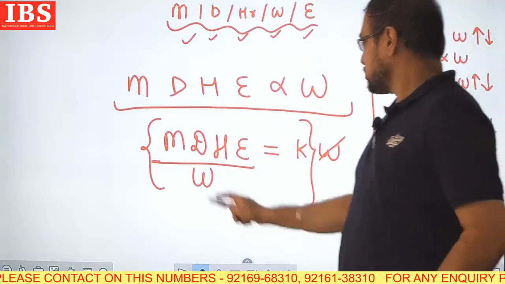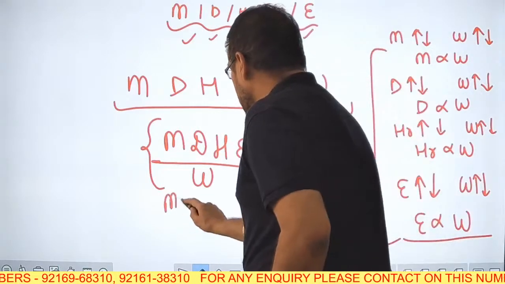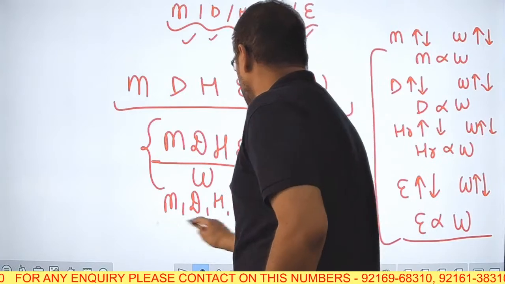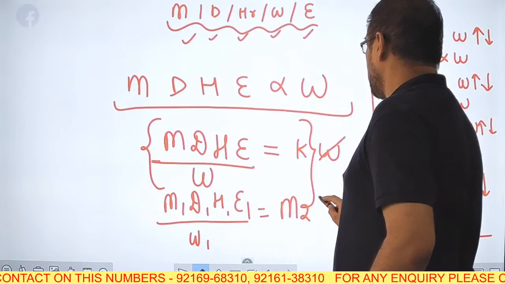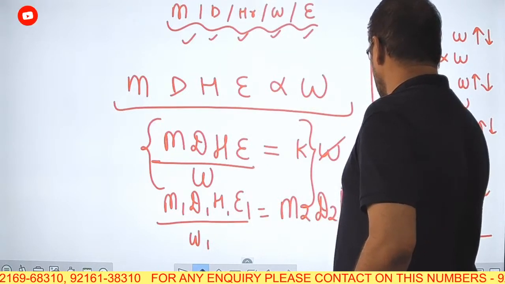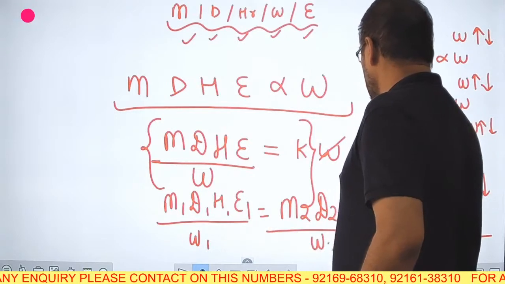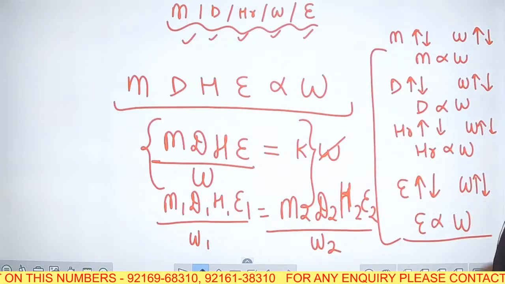That means M1 D1 H1 into E1 upon W1 will always be the same. That means it will be equal to M2 D2 H2 into E2 divided by W2. This will be M3 D3 H3 E3 divided by W3 and so on.